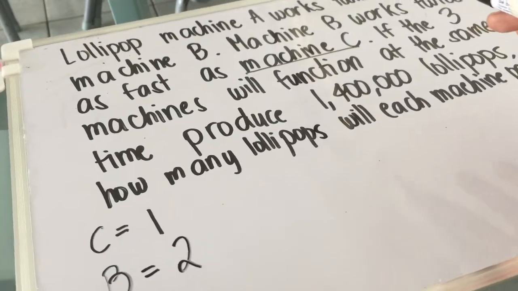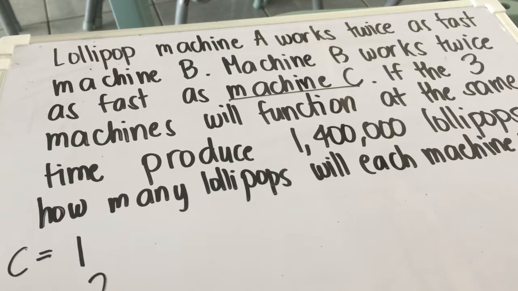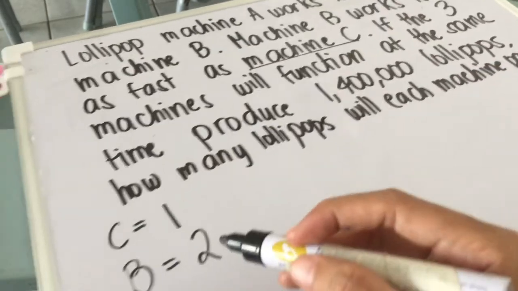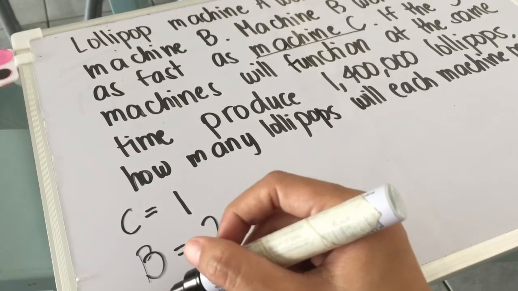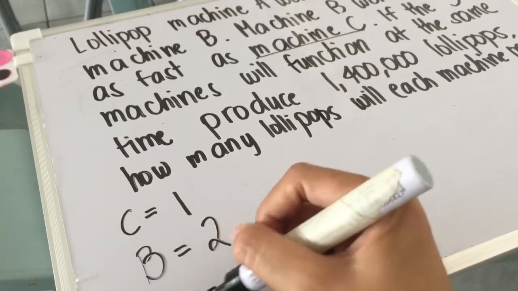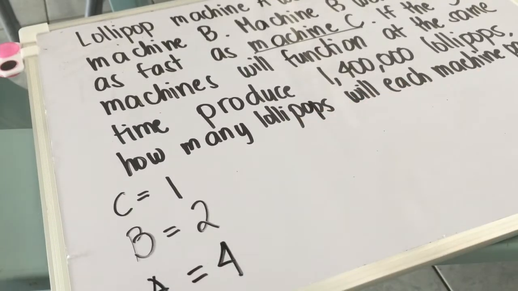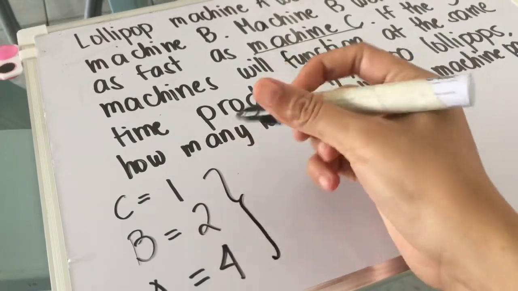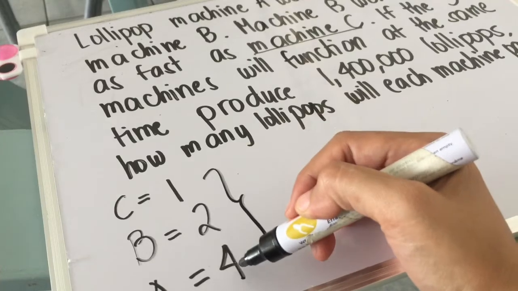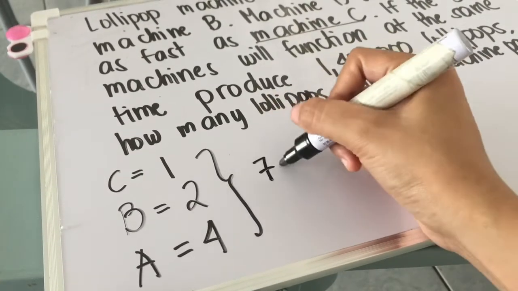Kay A naman, machine A, sabi niya dito, works twice as fast as machine B. So ibig sabihin, 2 times 2 na kay machine B. So si machine A will work 4 times. So we have, all in all, 1:2:4, which is, in total, we have 7 parts.